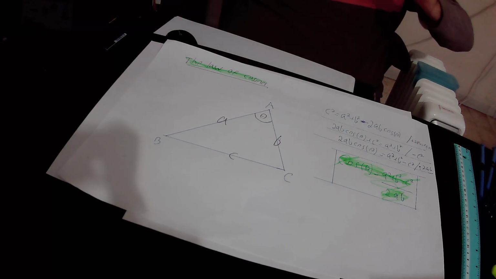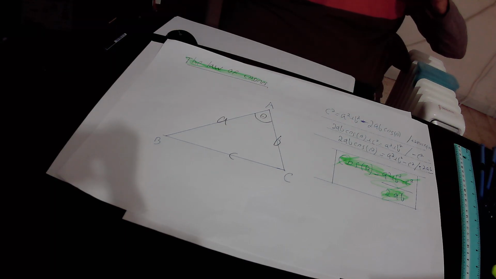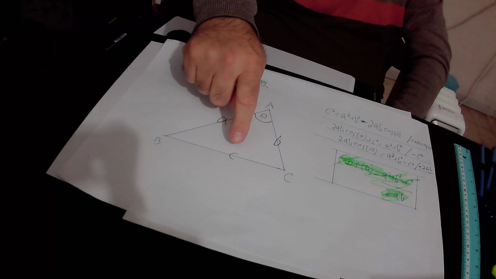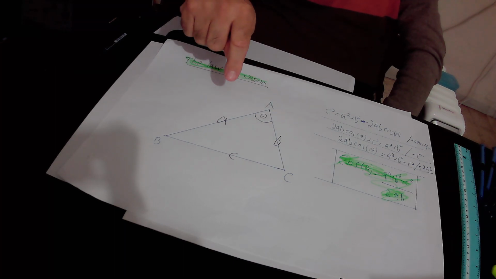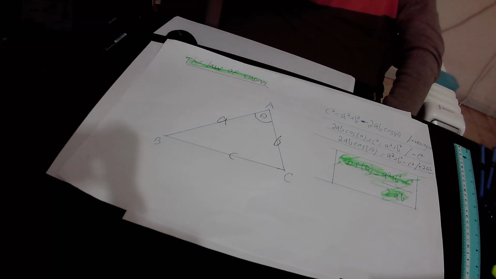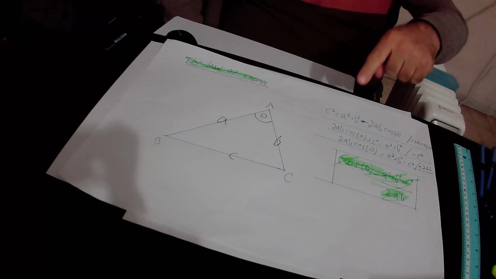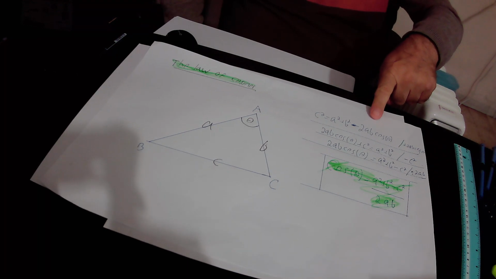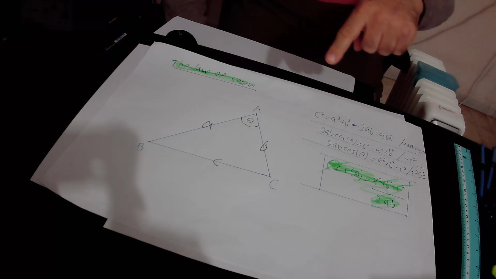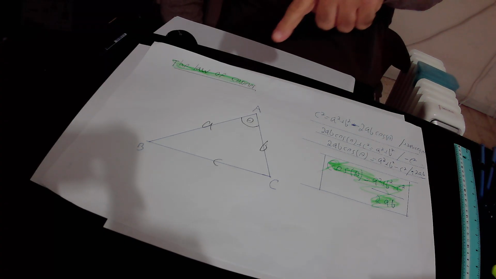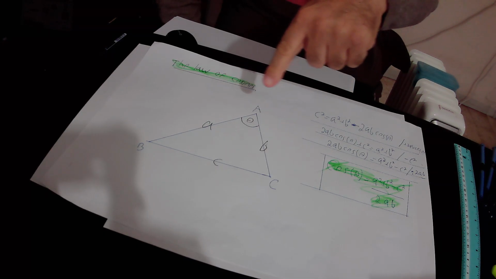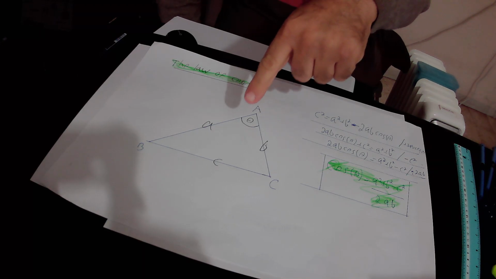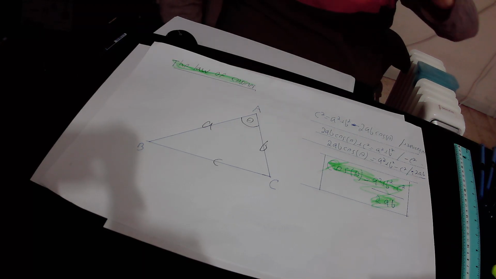Then according to the law of cosines, the following equation is true: C squared equals A squared plus B squared minus 2 times A times B times cosine theta. And from this equation, it is very easy to arrive at this equation, that cosine theta equals A squared plus B squared minus C squared over 2 times A times B. Again, cosine theta equals A squared plus B squared minus C squared over 2AB. Okay?